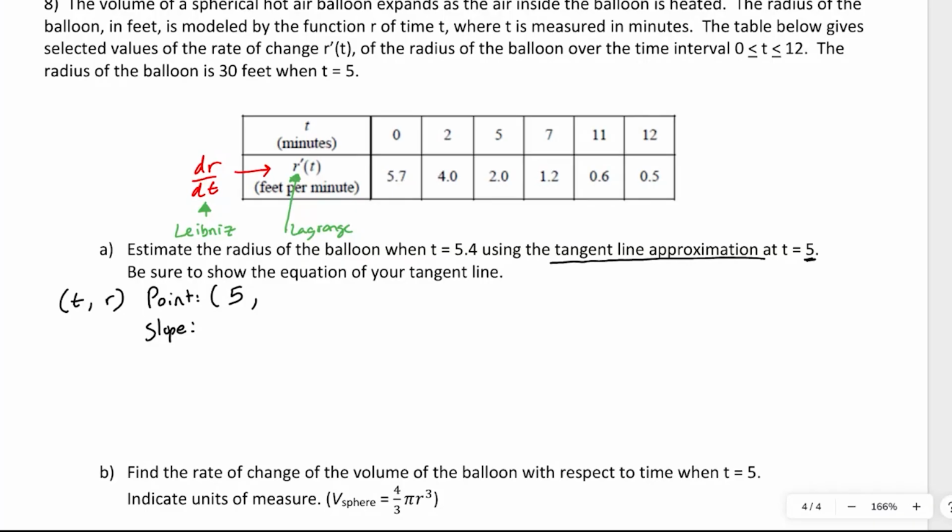If you go back to the problem up here, it says the radius of the balloon is 30 feet when the time is 5. The slope is the rate of change, that is the dr dt. So the derivative, or the rate of change of the radius with respect to time at time equals 5, is where the 2.0 comes in.